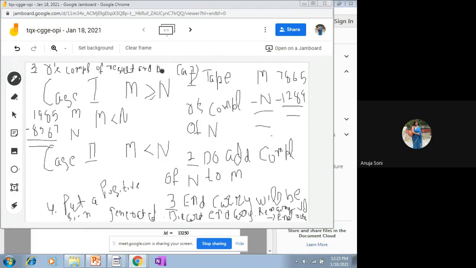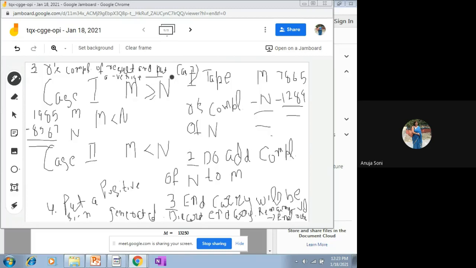It's comparatively difficult to write this down using the whiteboard. Take the r's complement of the result and put a negative sign in front of it to get the final answer. So I'm not writing it down, but I am speaking it verbally.